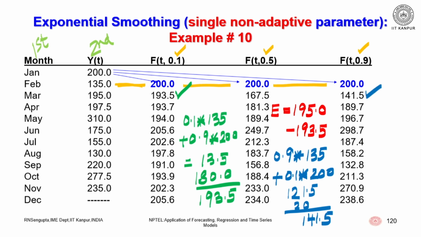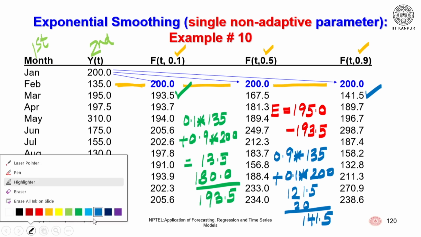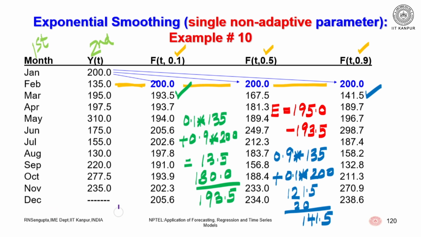And if I want to find out the error, I'll use a different color, for example, violet. So the error for this case would be, actual value is 195 minus 141.5.